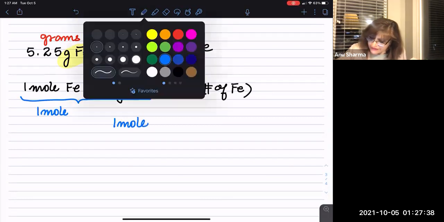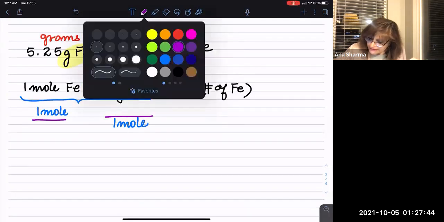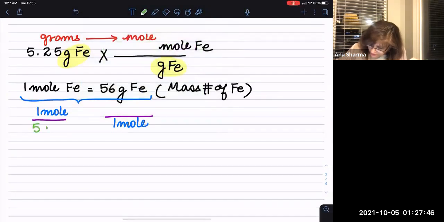The mole on the bottom will cancel out. The mole on the top remains. Next, we see 56 grams of iron per 1 mole, and here 56 grams of iron.